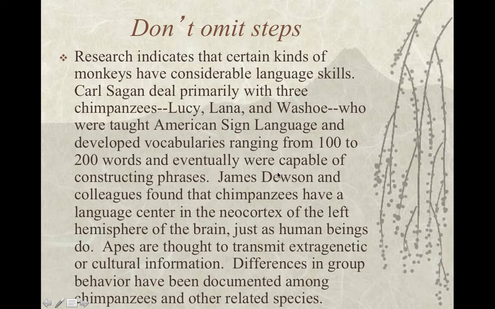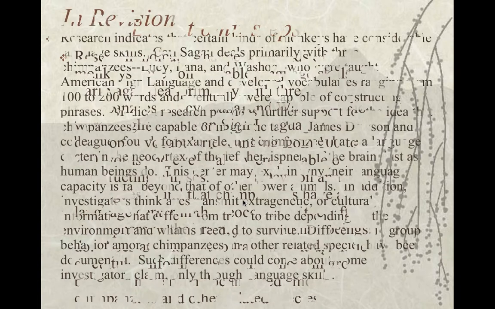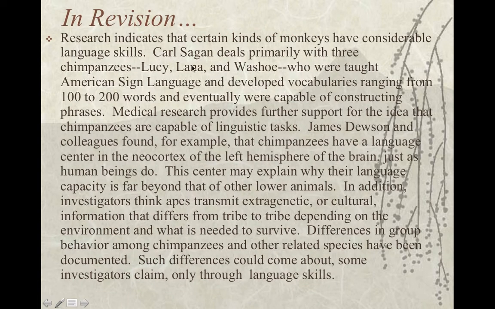Make sure you don't omit steps. Research indicates certain kinds of monkeys have considerable language skills. Carl Sagan deals with chimpanzees taught American Sign Language who eventually could construct phrases. James Deussen and colleagues found chimpanzees have a language center. That seems like a change of subject to me. Apes have cultural information. That's a change of subject. I'm missing something, so go through step by step. What actually happened was this was fine, but then medical research provides further support for the idea that chimpanzees are capable of linguistic tasks.